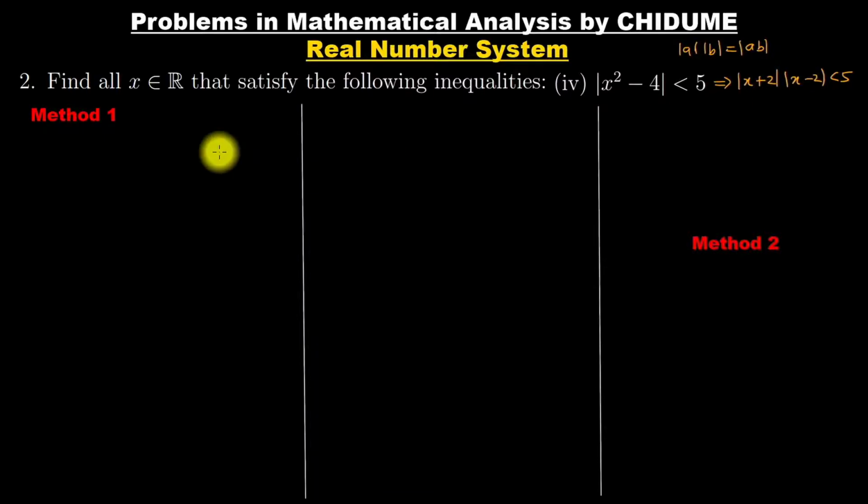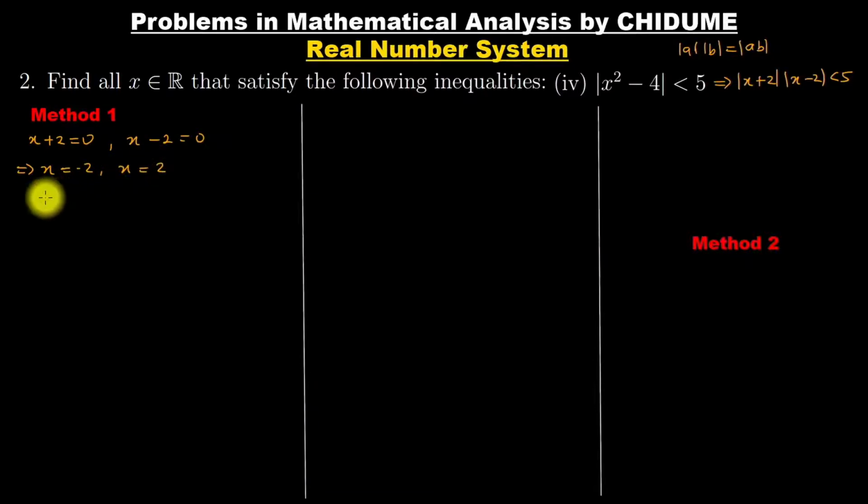Okay, so that means that we need to set these two arguments to be equal to 0. So if we set x plus 2 to be equal to 0, and we set x minus 2 also to be equal to 0, that means that we are going to have x to be -2, and x to be 2.